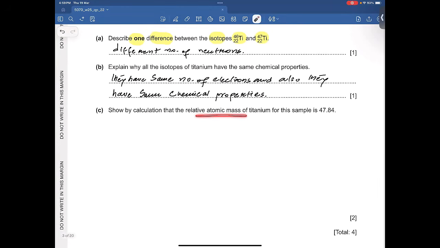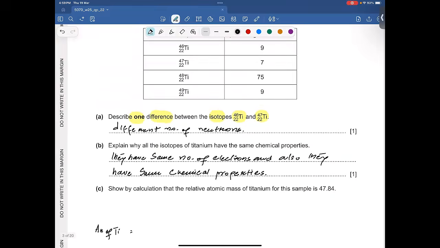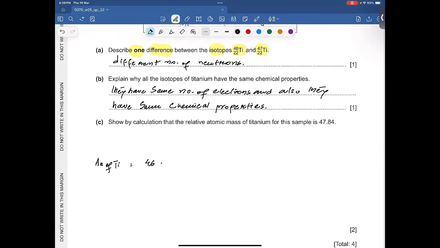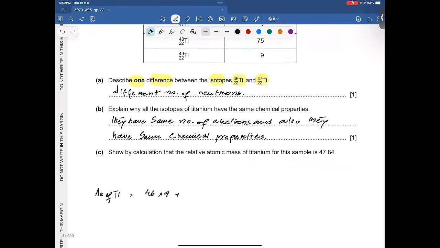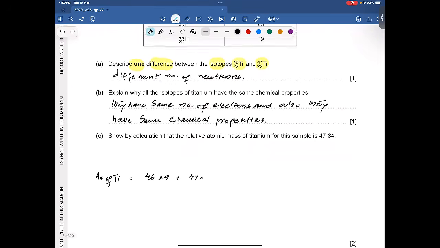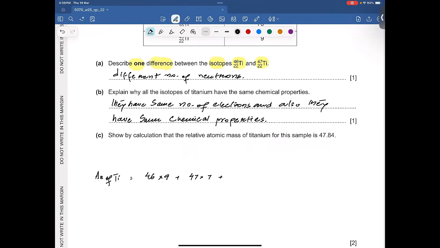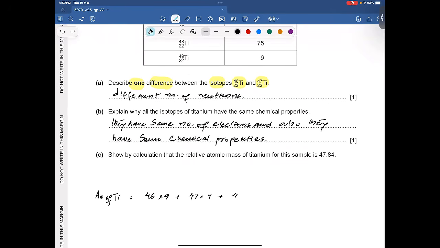Show by calculation that the relative atomic mass of titanium for this sample is this. So I need to apply the formula: mass of first isotope, which is 46, into abundance of first isotope, which is 9, plus mass of second isotope, 47, into abundance of second isotope, 7, plus mass of third isotope, 48, into abundance of third isotope, 75, plus mass of fourth isotope, 49, into abundance of fourth isotope, 9, divided by total abundance.